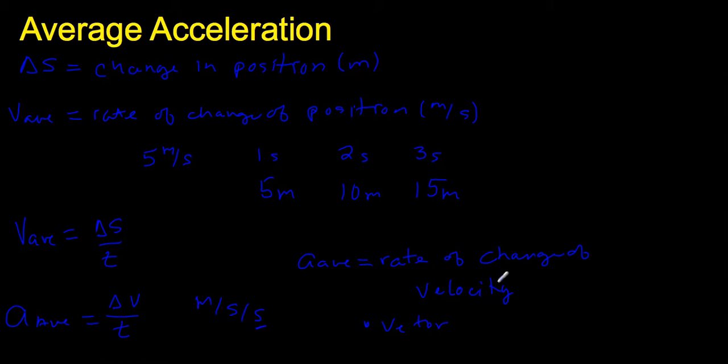Sometimes the direction is just as simple as positive and negative. Sometimes we might say east, west, north, south, or give it some type of degree. But average acceleration is basically just continuing this rate of change sequence, where we started off with displacement to figure out our change of position. If we know the time it took, we could figure out the rate of change of that position, which we called velocity or speed. And if we know the time interval that change took place in, we could figure out the rate of change of the speed, which is our acceleration.